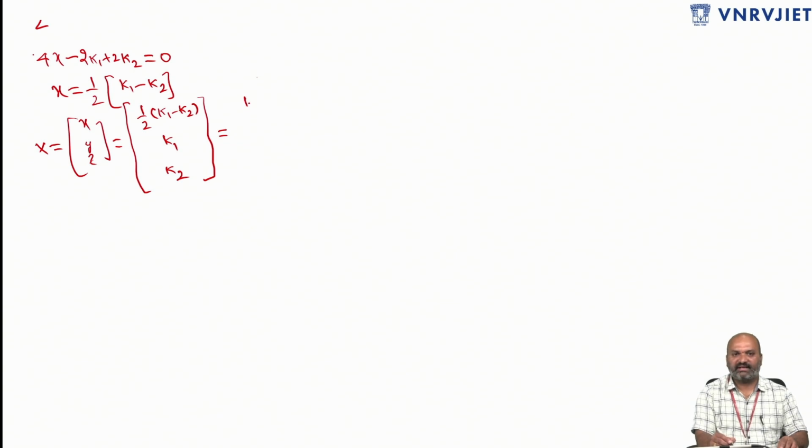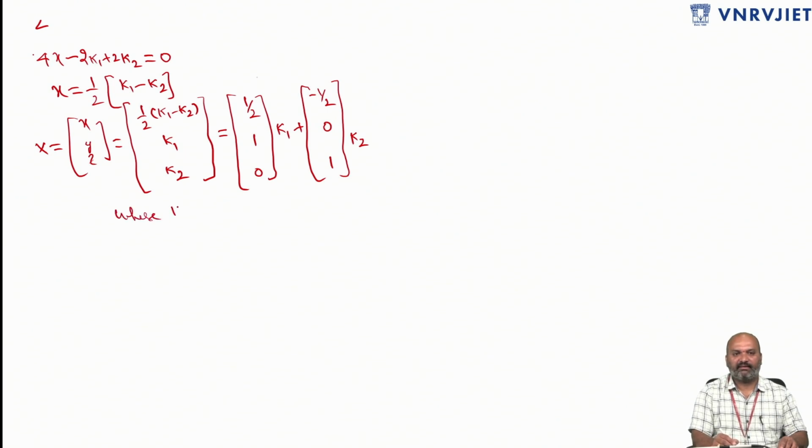The k1 coefficients are 1 by 2, 1, 0, plus k2 times its coefficients. What is the k2 coefficient? Minus 1 by 2, 0, 1. Where k1 and k2 are arbitrary constants.